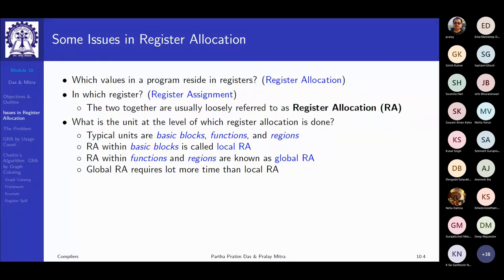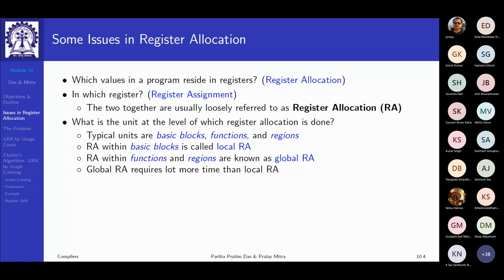But as long as a function is executing, it is kind of a localized unit where the computations will have to continue. And allocating registers in terms of functions is something which could be quite useful, quite efficient, and that is what is typically known as the global register allocation or global RA.